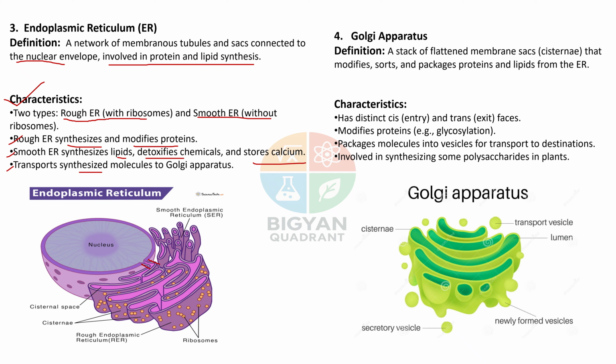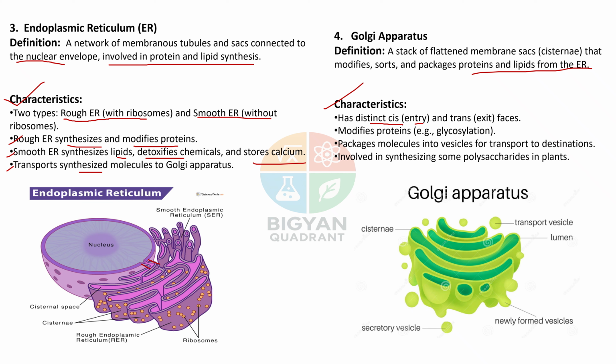Now the Golgi apparatus. The Golgi apparatus is basically a processing center. It modifies, sorts, and packages the proteins and lipids received from the endoplasmic reticulum. And what are the characteristics? It has distinct cis and trans faces.